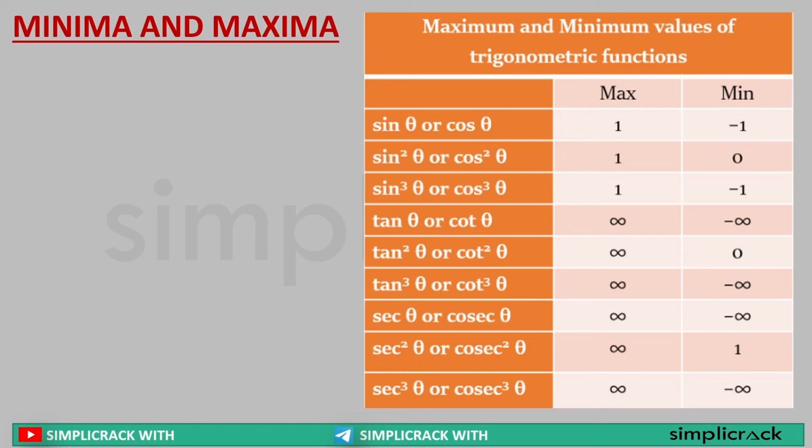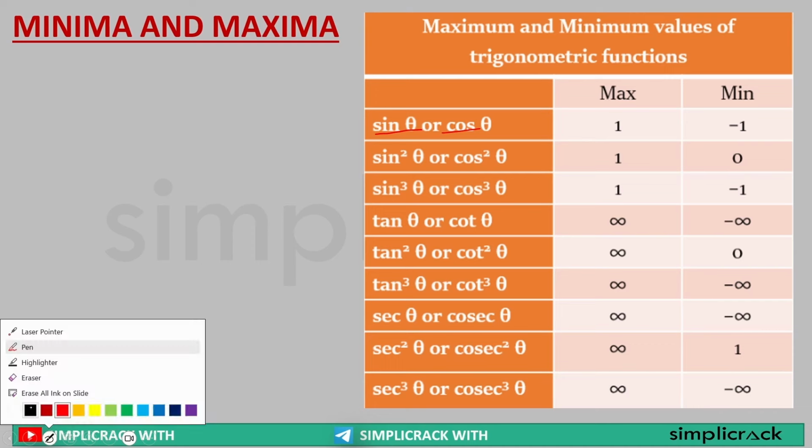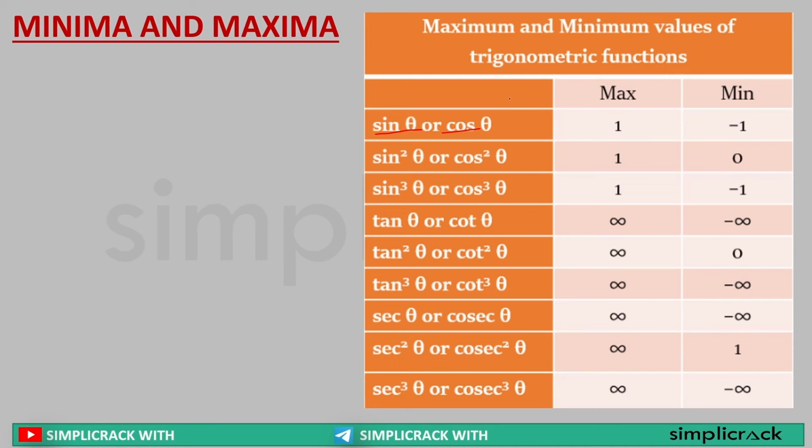Minima and maxima means minimum value and maximum value. Whenever it is asked what is the maximum value of sine theta or cos theta, it will be 1. What is the minimum value? It is minus 1. For sine square theta, as it is being squared, it will be 1 and 0, because minus 1 square is plus 1. Sine cube theta, it is 1 and minus 1.